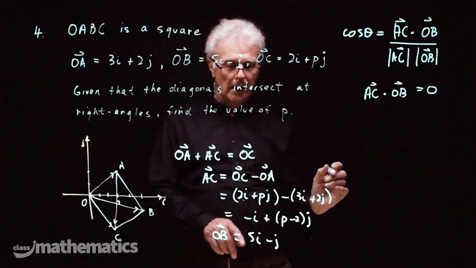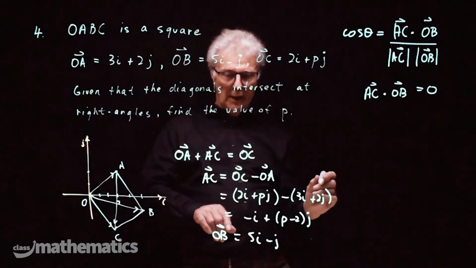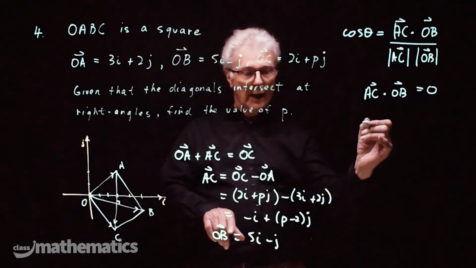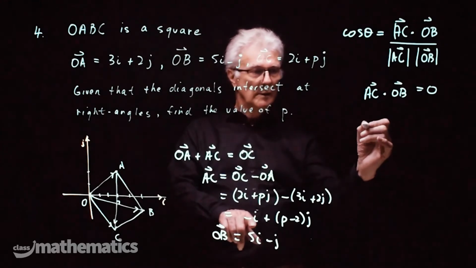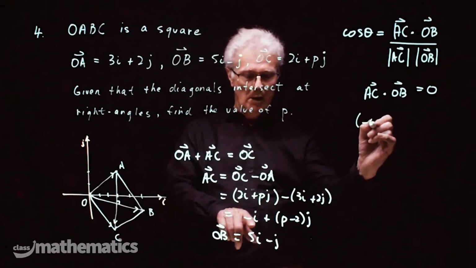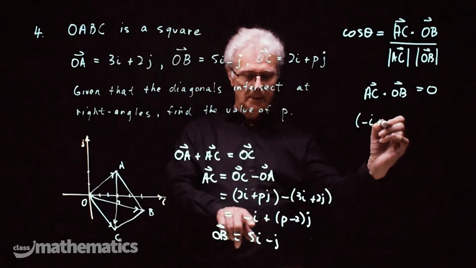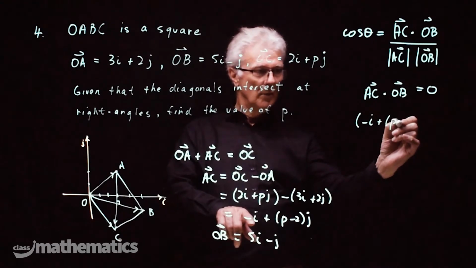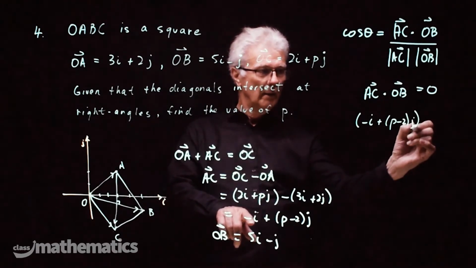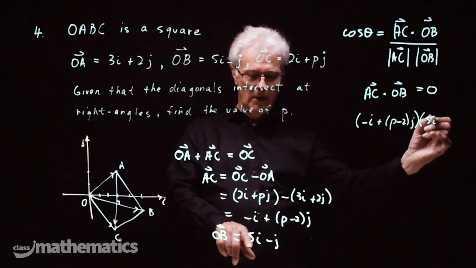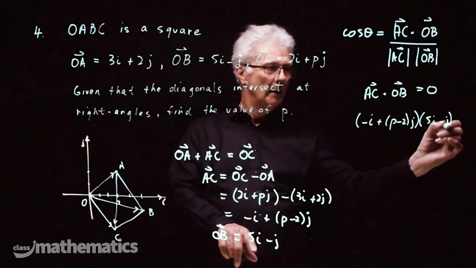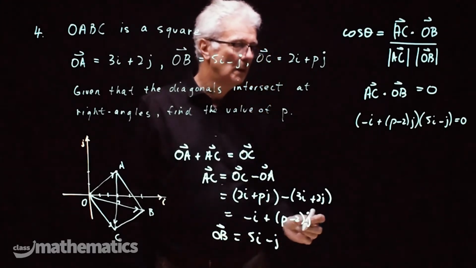So therefore we can say that AC, which we found was this one here, minus i plus (p minus 2)j, times the other vector, which is 5i minus j, must be equal to 0.